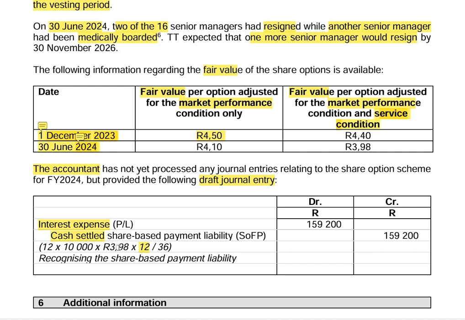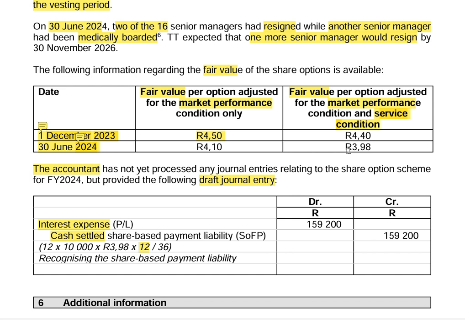And then we're going to look at the price they've used. It seems like the accountant used 3.98, which is the price at year end taking into account the market performance and the service condition. That is also incorrect. Why is it incorrect? Because for equity-settled share-based payment, we do not change the share price. We hold the share price at grant date for the entire duration of the vesting period.